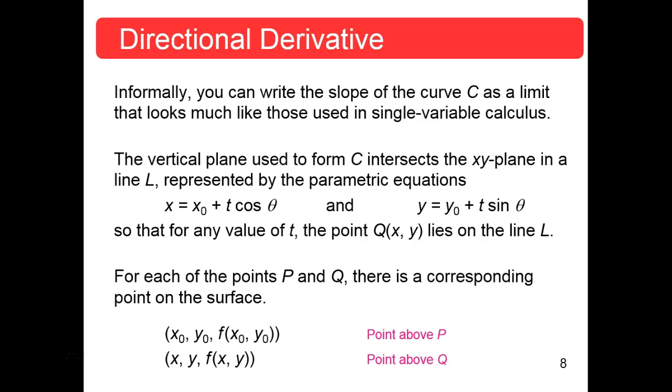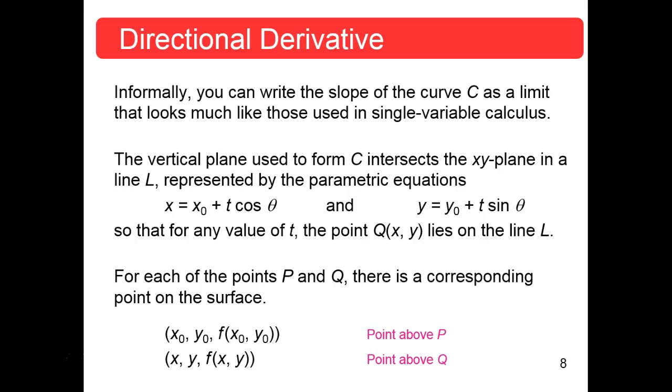Okay, that vertical plane intersects the xy plane in that line L, represented by the parametric equations. The x value for any other point on that line L will be x0 plus t cosine theta, which is your initial x value at the point P, plus t times cosine theta, which tells you how much it's moved along the adjacent side, the x side, okay?